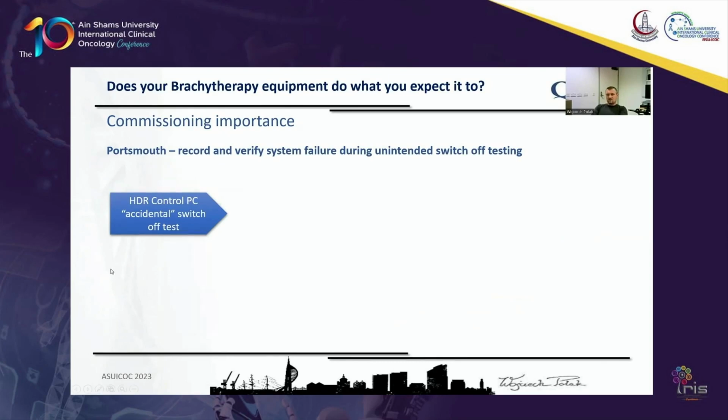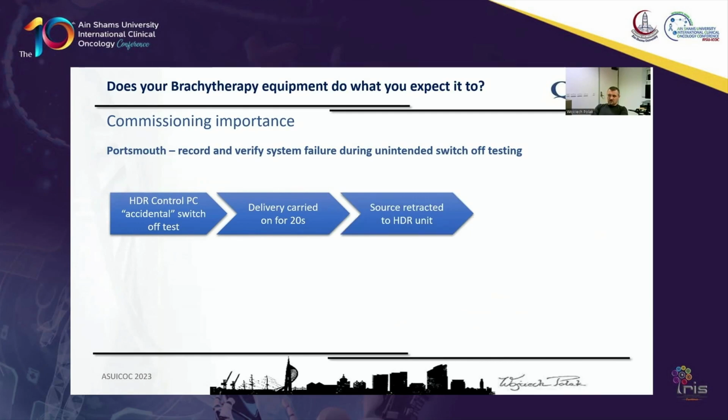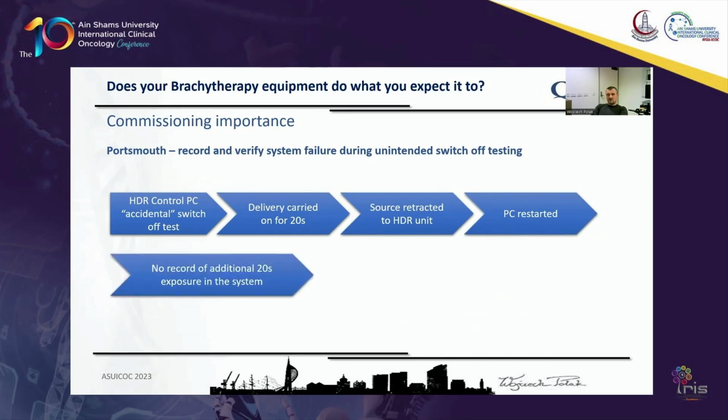So the HDR control PC was accidentally switched off during the test, and delivery actually carried on for 20 seconds after the control PC was switched off, and the source retracted after that to the HDR unit. We restarted the PC, and there was no record of the additional 20 seconds of exposure in the system. And that was actually due to the manufacturer's software failure.